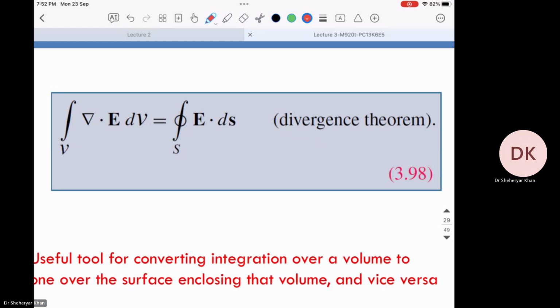Then we have divergence of the vector field. This is equal to the surface integration of E dot ds. That means flux. So did you see any important transformation here? In your thought, what do you think this formula says?